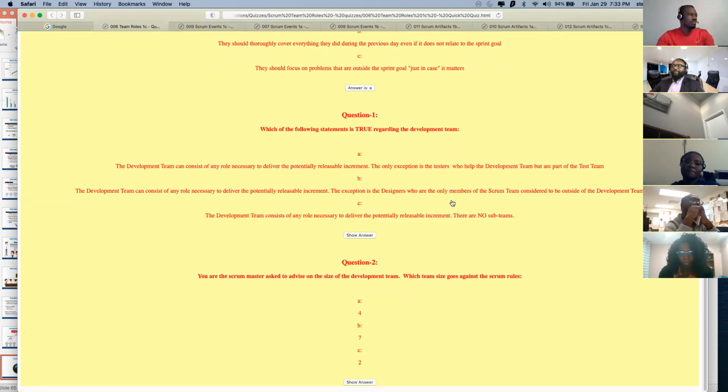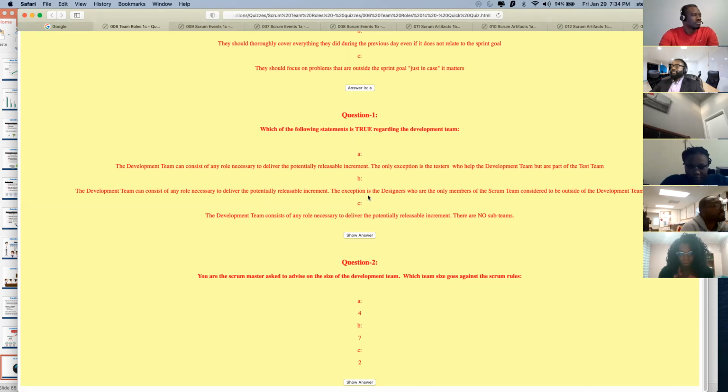Which of the following statements is true regarding the dev team? Okay, those are long ones. A, the dev team can consist of any role necessary to deliver the potentially releasable increment. The only exception is the testers who help the dev team but are part of the test team. B, the dev team can consist of any role necessary to deliver the potentially releasable increment.